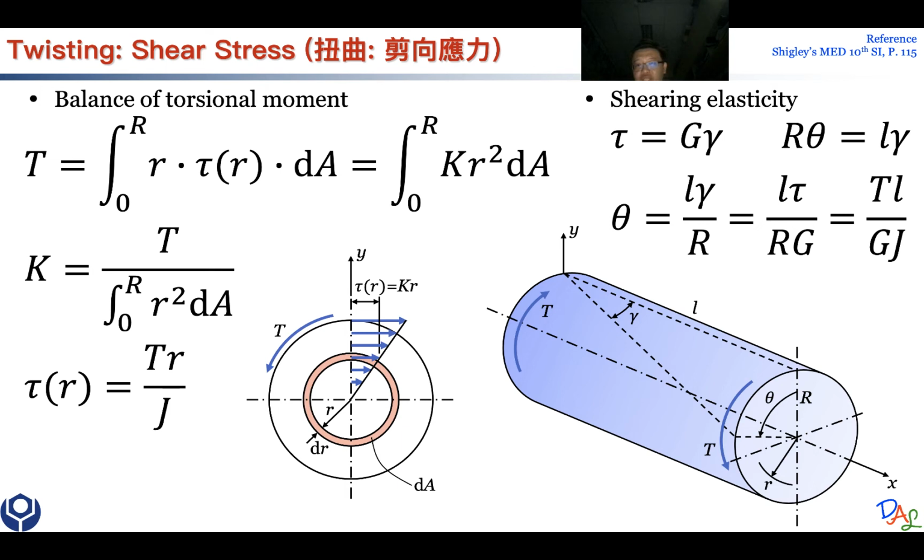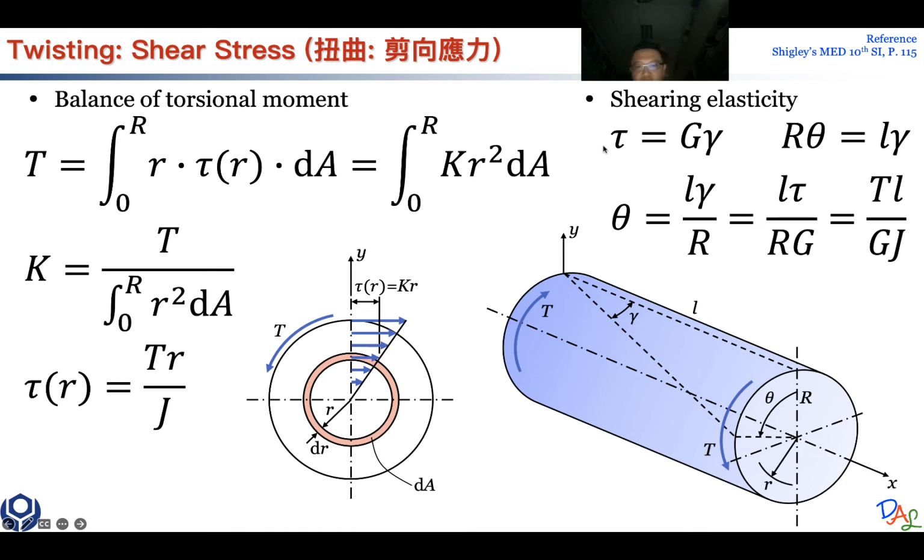This is the angle of your deformation. So we call this gamma. Gamma is your shear strain, and the stress being generated on the cross section, the shearing stress, is tau.